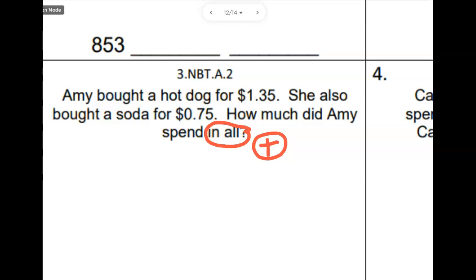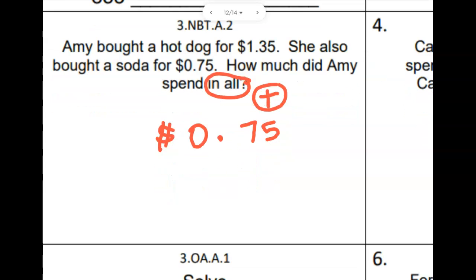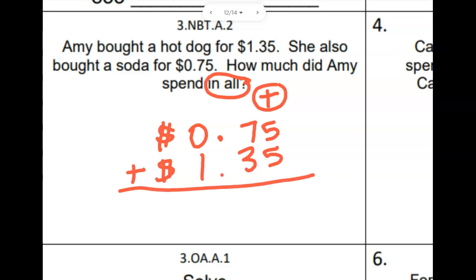When you are lining up money, you need to make sure that the decimal places are aligned. So if I have 75 cents and $1.35, I line up the dollar signs, I line up the ones, this is the tenths, and this is the hundredths.